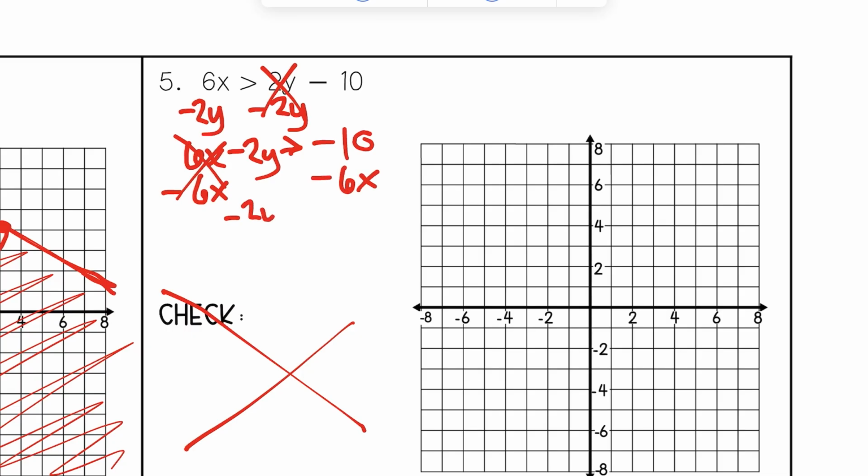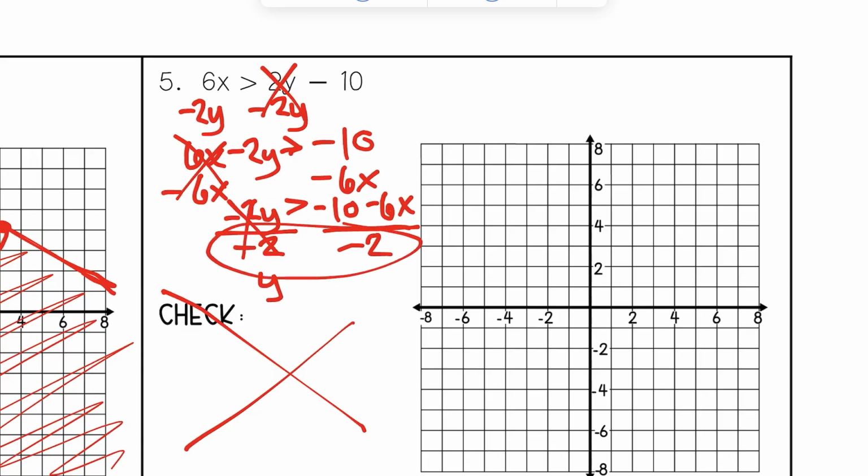And then negative 2y is greater than negative 10 minus 6x. To get it by itself, I have to divide by negative 2 on both sides. And so these cancel out, and y, oh, but looky here. Remember, if I divide by a negative number, as I just did, I have to flip my sign.